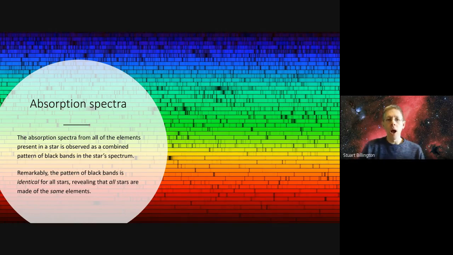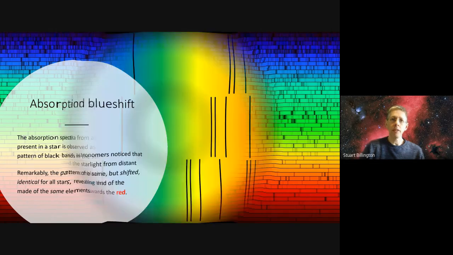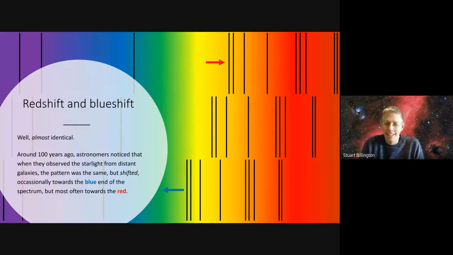So I told a tiny little lie when I said that the pattern was identical. You see, the pattern is the same, but it moves to different places depending on what we're looking at.